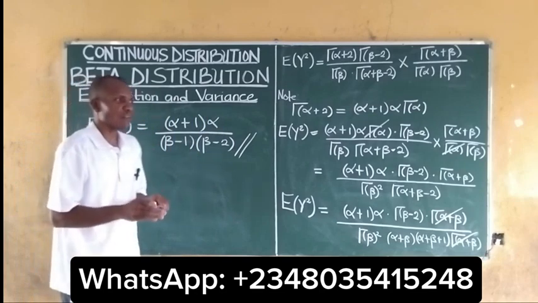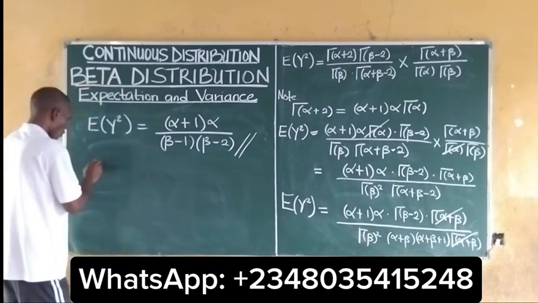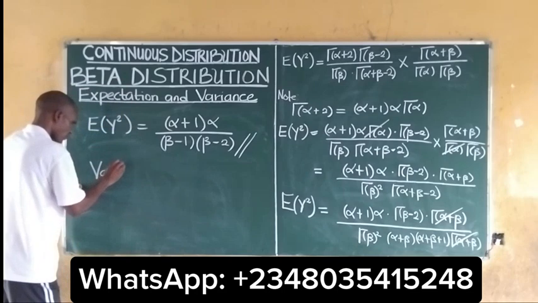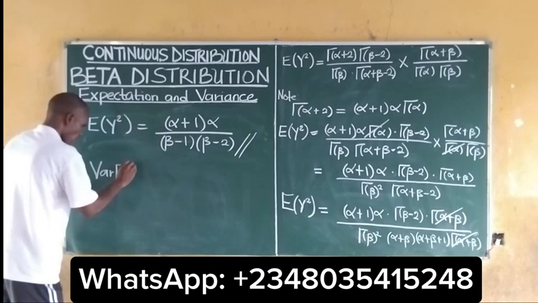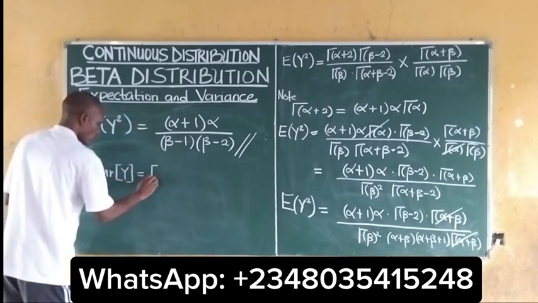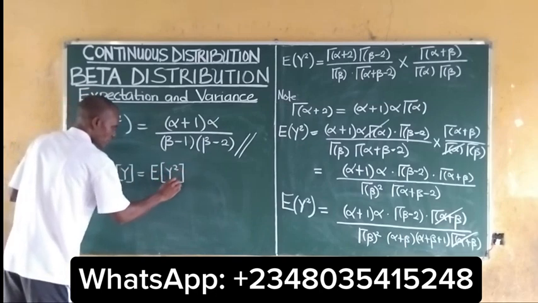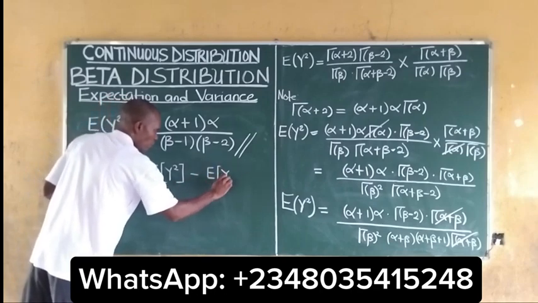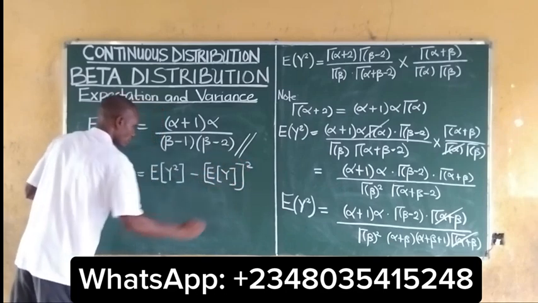Then how do we calculate for the variance? Now we go over to the variance. Of course, we know that the variance of y is equal to the expected value of y squared minus the expected value of y all squared.